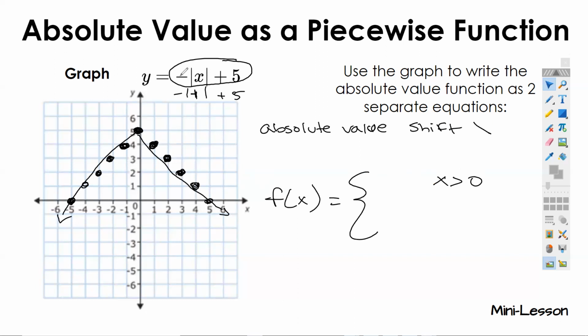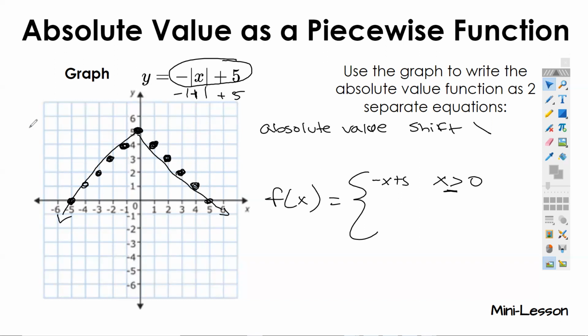Did they change any? Well, it automatically made this number negative, right? So we can write the equation as negative x plus 5. We are going to say that it's equal to, because it doesn't change anything.